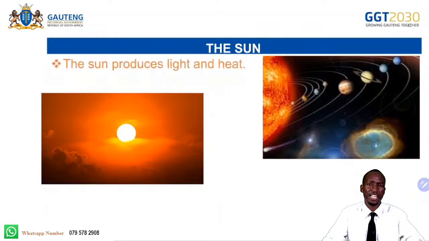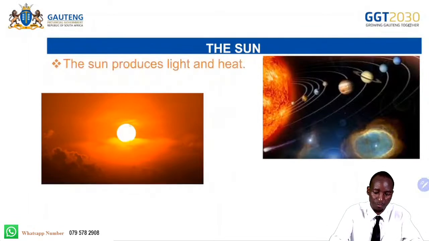The sun is a big star which produces light and heat. We're familiar with the sun. As you can see there in the pictures, we've got a picture of our sun being shown there. And if you look around it, there are rays of light that are emitted from the sun.